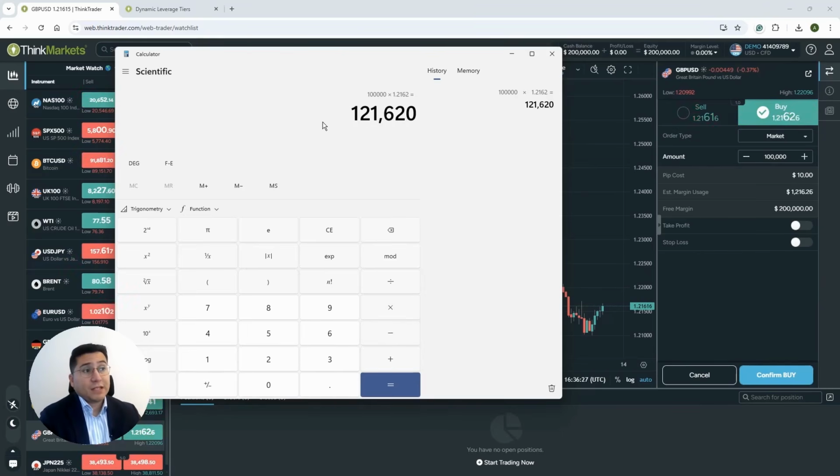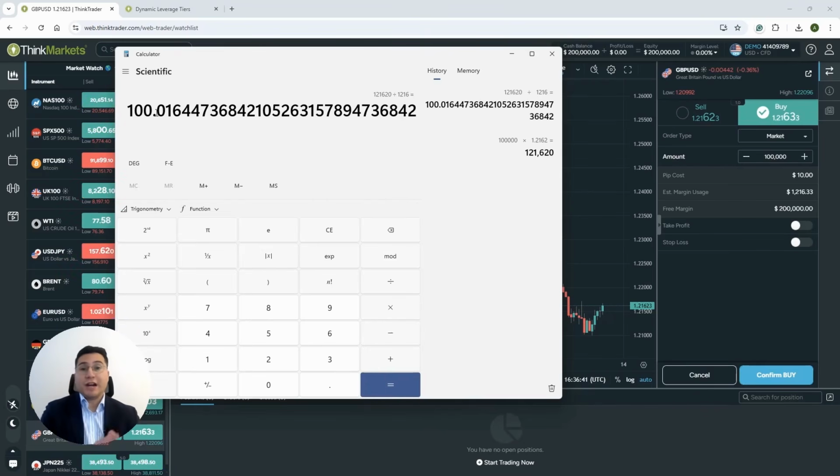This gives us a total value in dollars of 121,000. If we divide that by the margin requirement, that's 1,216. So you see here, that's 100 times effective leverage. So I need to put down $1,216 to open this position.